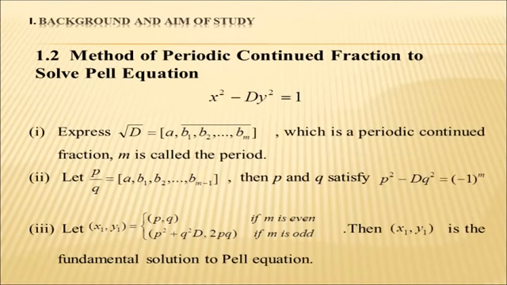We can express square root d as [a; b1, b2, until bm], which is a periodic continued fraction, and m is the period. And the fundamental solution is related by P over Q, which is [a; b1, b2, until b(m-1)], which is also a periodic continued fraction.